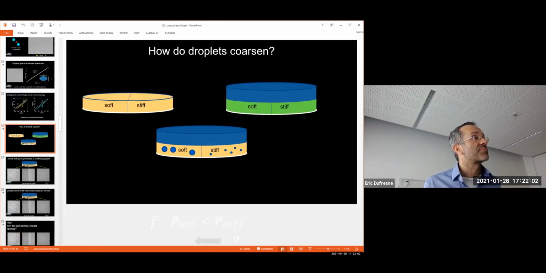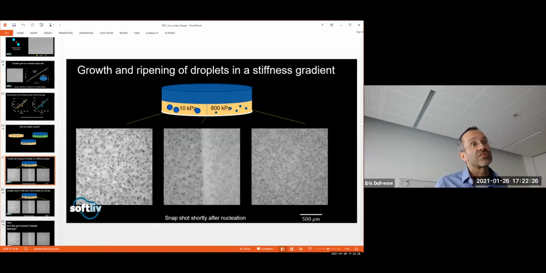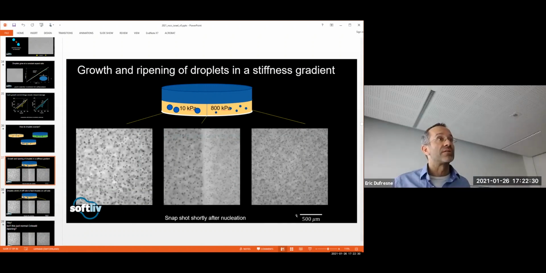The basic experiment is that we make the polymer with a stiffness gradient and swell it on both sides. When we cool it down, we get small droplets on the stiff side and large droplets on the soft side, and then we just look and see how the system ripens.